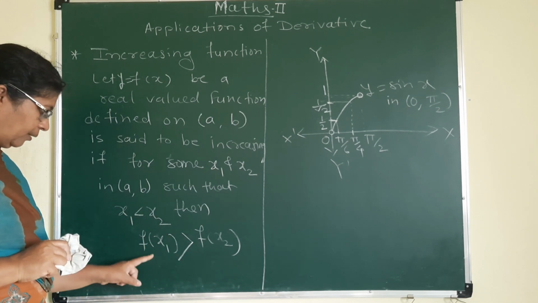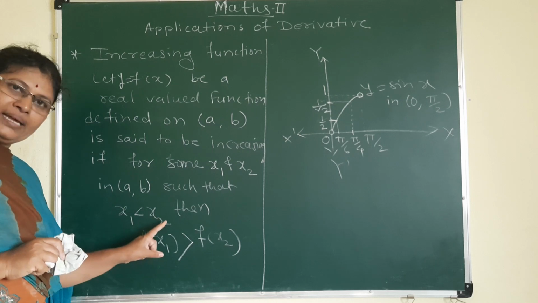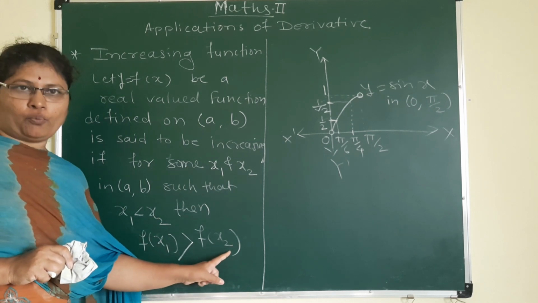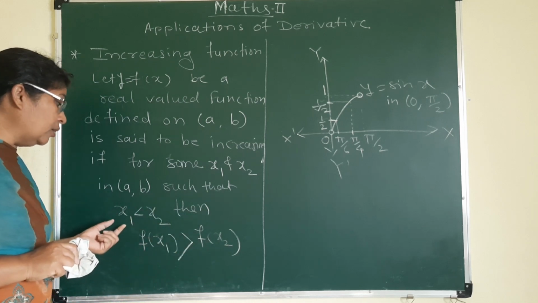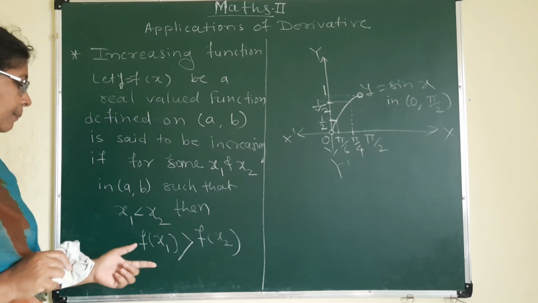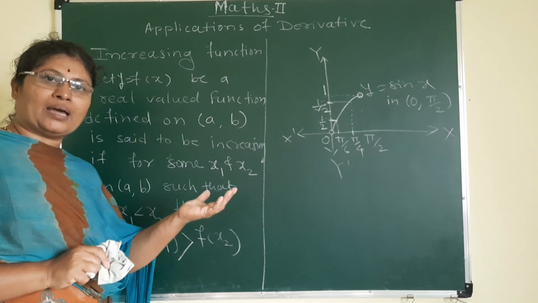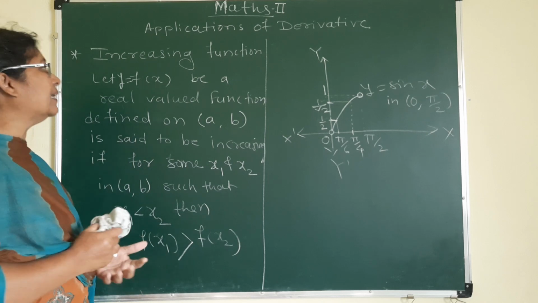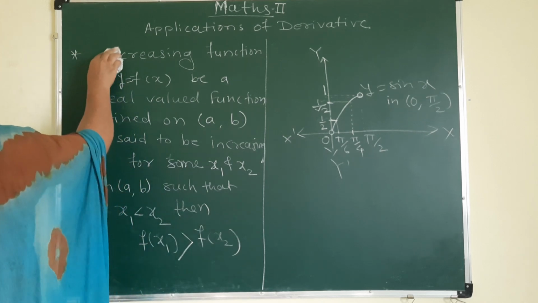So what happens? Look here. As x1 is less than x2, but f of x1 is greater than f of x2. It means my values of x are increasing, but at the same time the values of f of x are decreasing. Such a function is called a decreasing function.